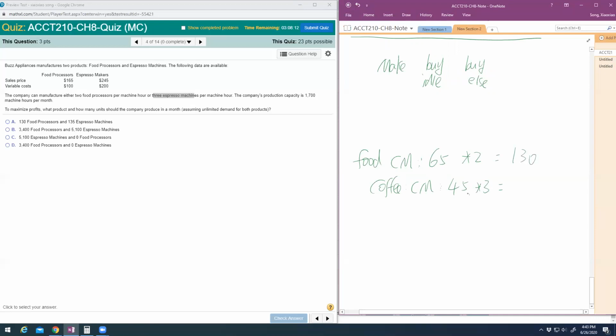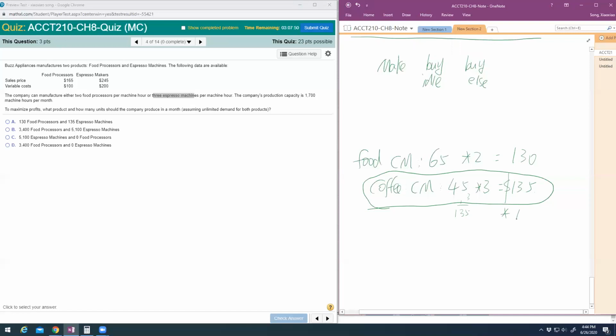So that gives you 130, and the coffee gives you 135, I believe. So we should focus on coffee maker, because you only have limited machine hours. This is one machine hour, you get this contribution margin.